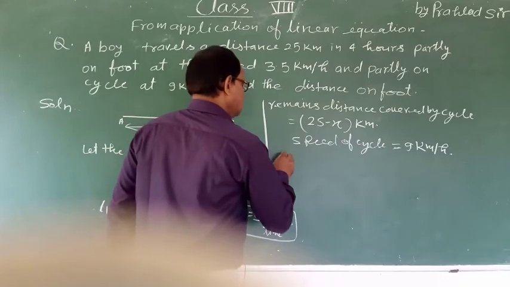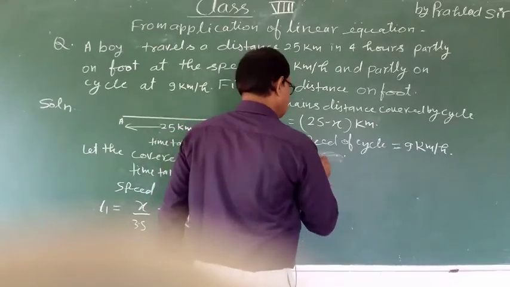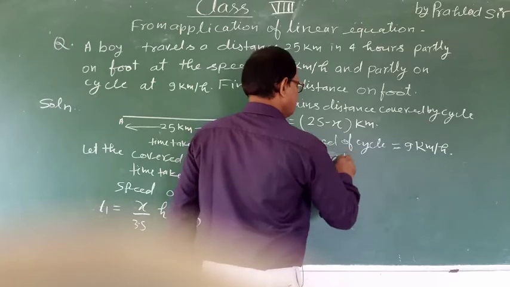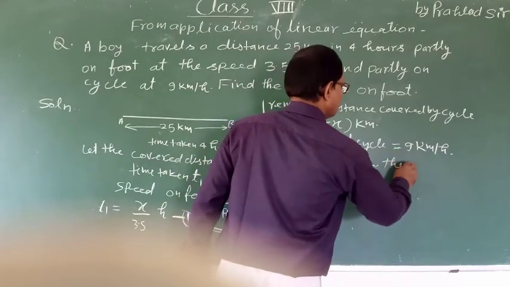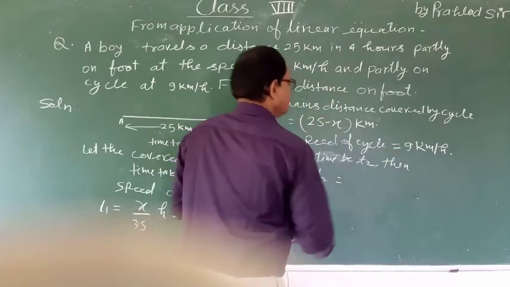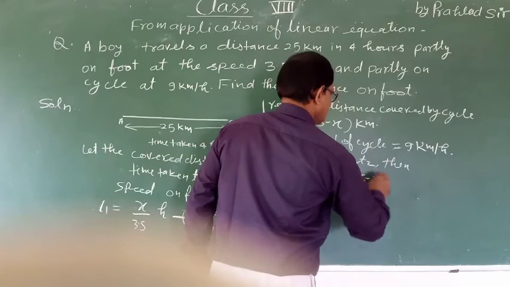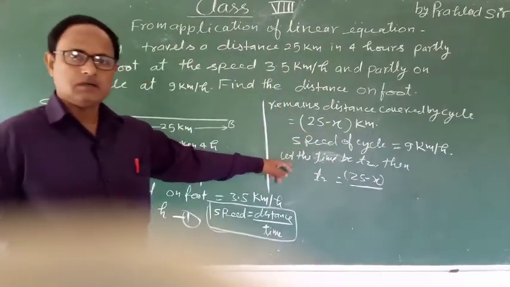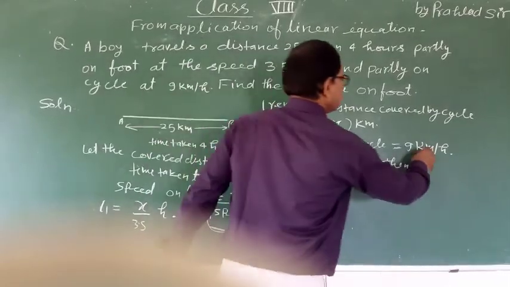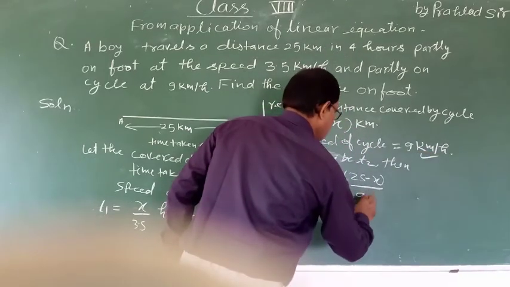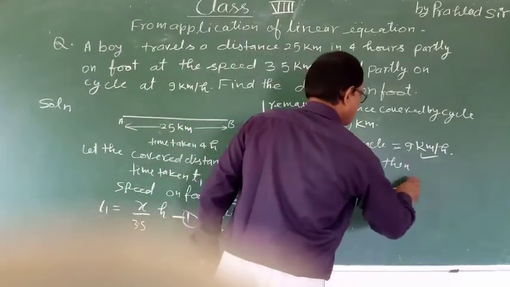Similarly, let the time be t2. Then t2 is equal to the distance 25 minus x divided by the speed 9 kilometers per hour. This is equation number 2.